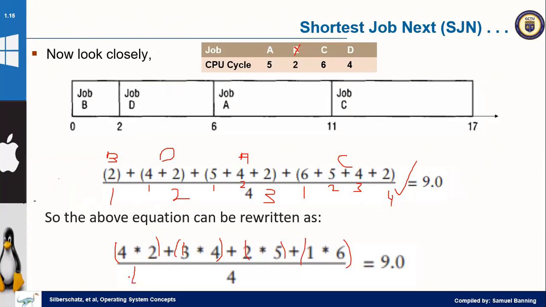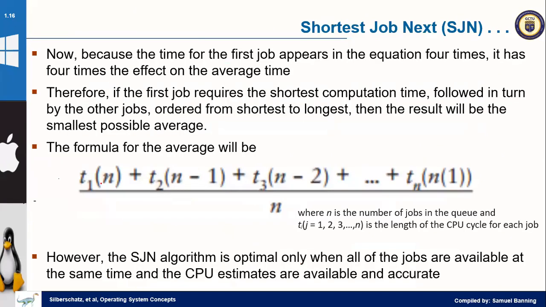So that is T1 of n, plus the time for the second job appeared 3 times, that is n minus 1, plus the time for the third job appeared n minus 2 times, plus, and so on, up to the time for the nth job appearing once, all divided by n, which is the total number of jobs there are. I hope that is clear.